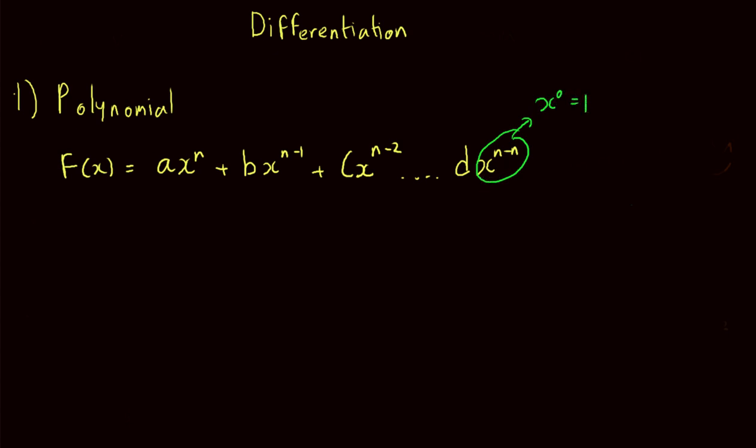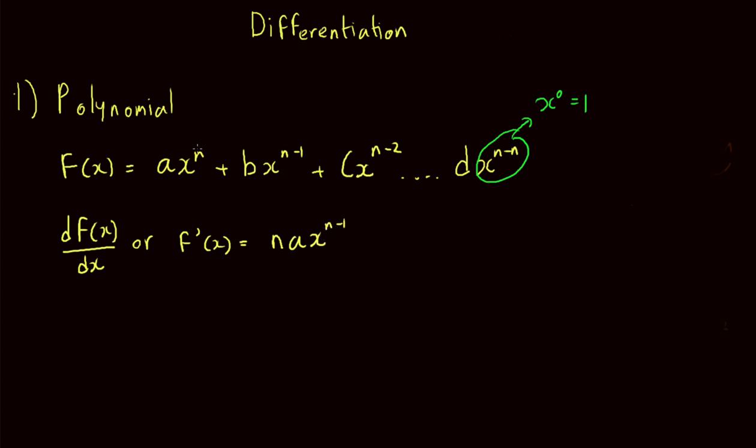So how do we differentiate a polynomial? Remember that in order to differentiate, sometimes you write it as df(x) over dx, meaning taking the derivative of f at x itself, or we write it as f prime x, which means the same thing. It'll simply be n a x to the power of n minus 1.